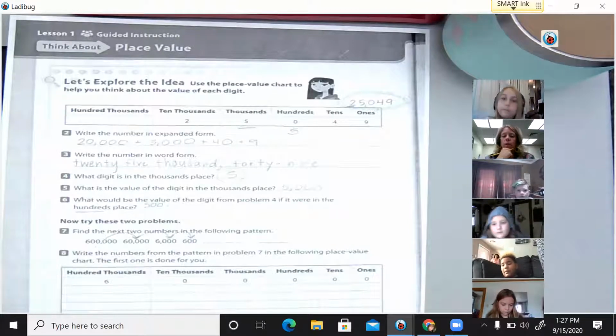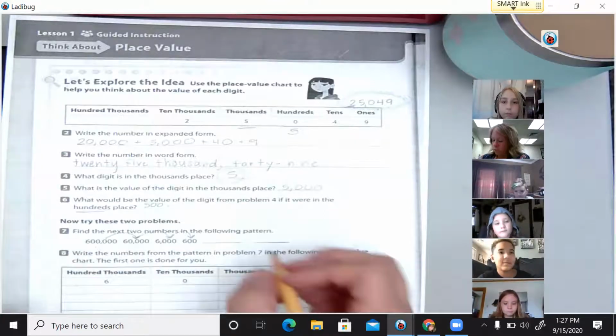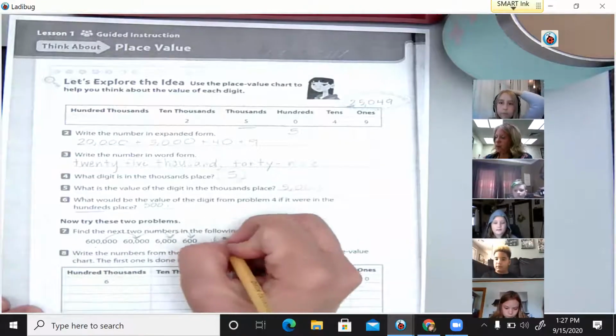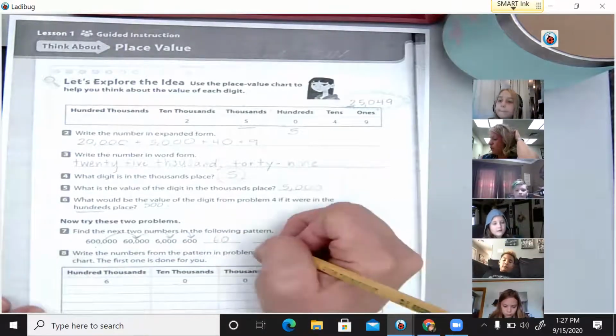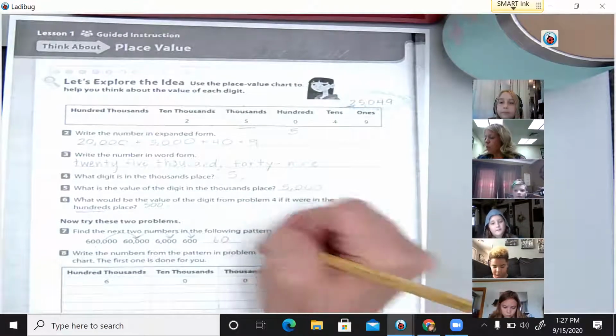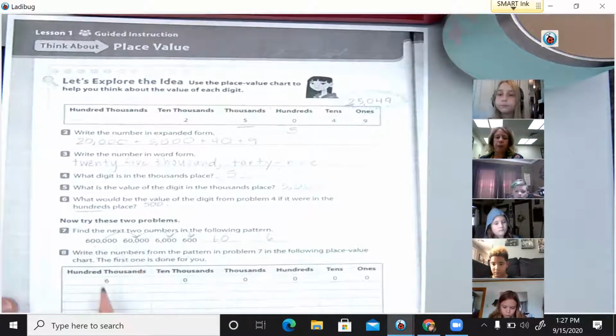What's actually being eliminated with every move to the right? A 0. So Olivia, what do you think is going to come after 600? 60. And then Olivia, can you do one more? What would our last number in our pattern be? 6. Very good.